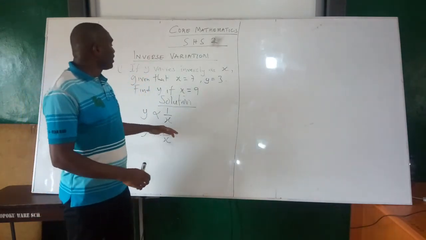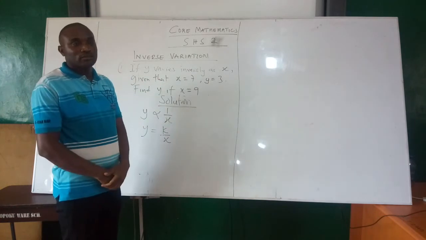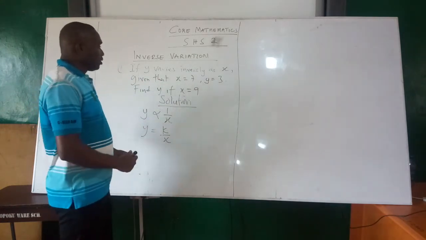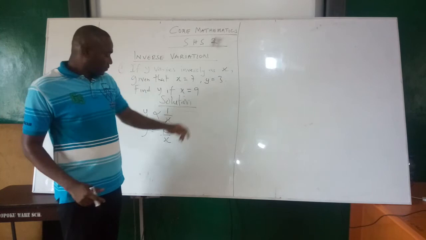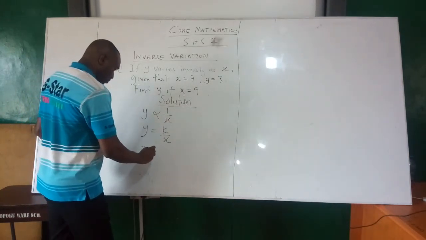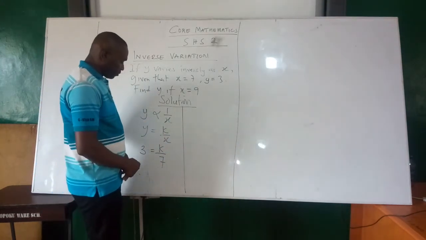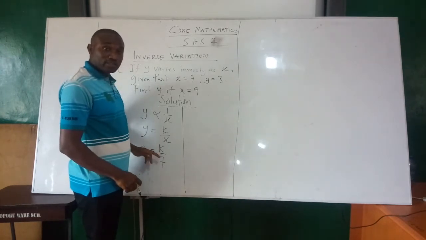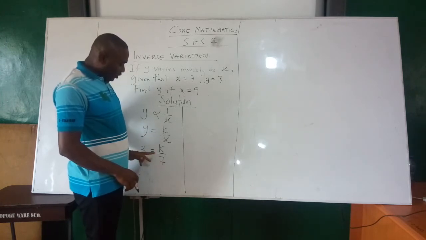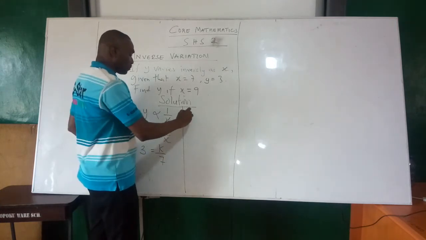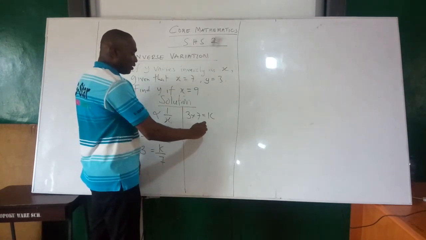Now, here we have been given x as 7 and y as 3. So, I'll substitute wherever I see x 7 and wherever I see y 3. So we have 3 equal k on 7. And simply cross multiplication will show you that we can multiply this 7 to 3, and we get 21 as a constant.